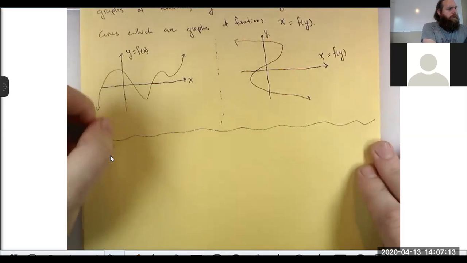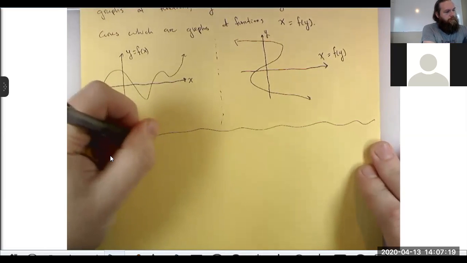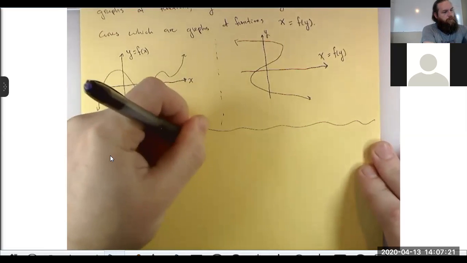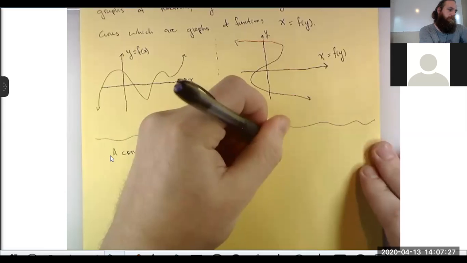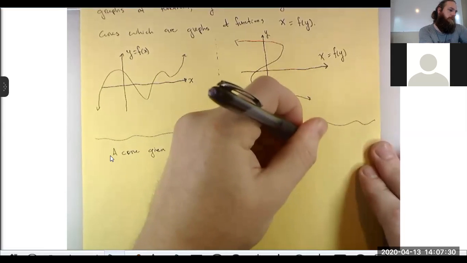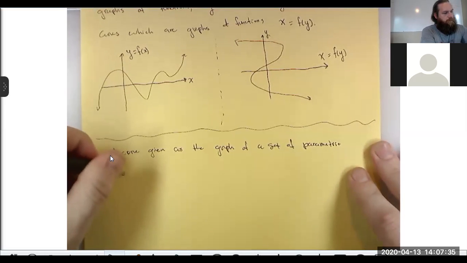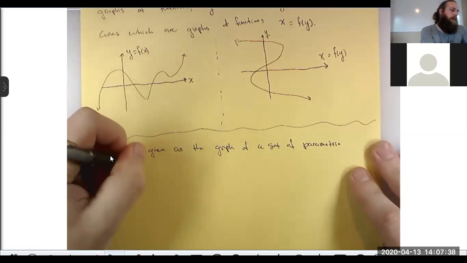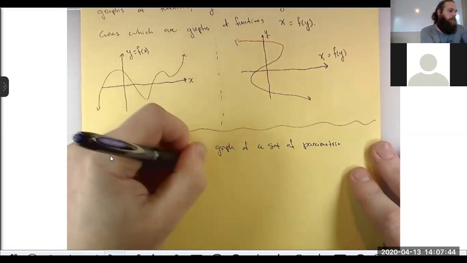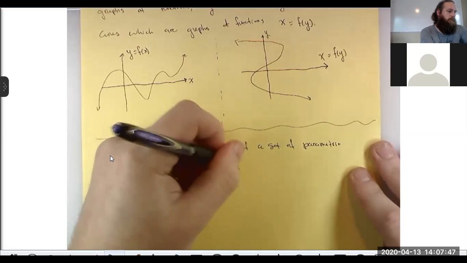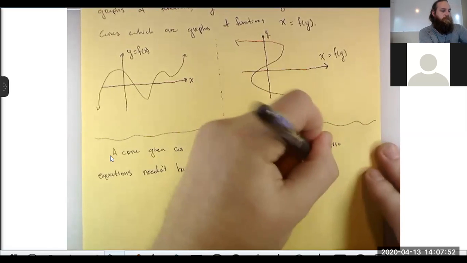But a parametric curve, so a curve given as the graph of a set of parametric equations, need not have y as a function of x or x as a function of y.